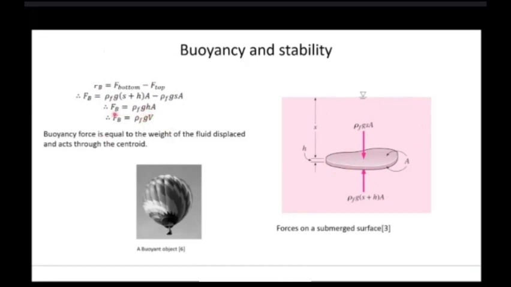So our buoyant force is given by the density of the fluid times gravity times the volume of the object, which is displacing that fluid.